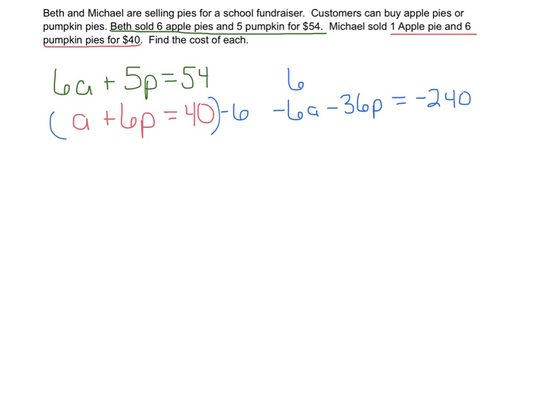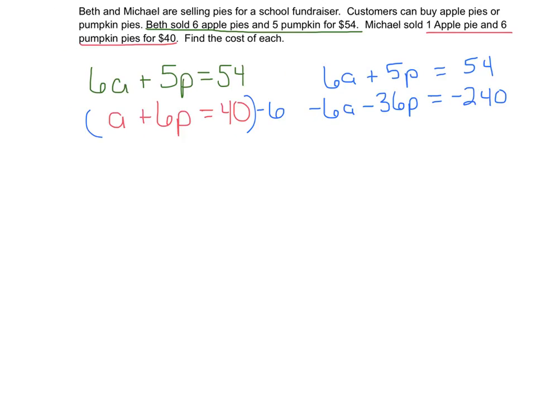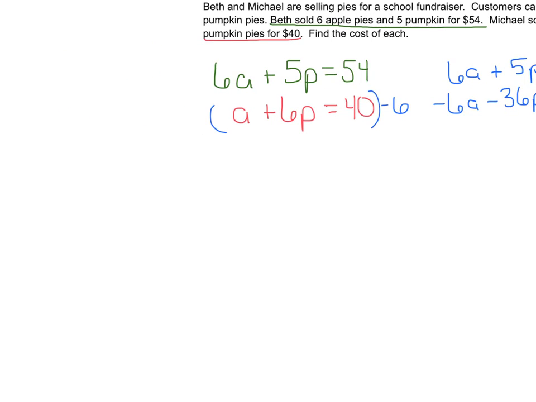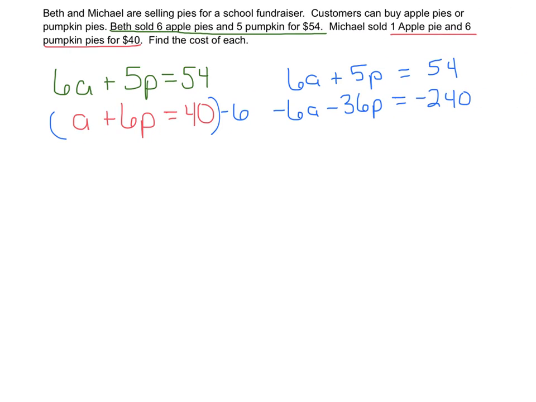Then we'll bring the top one over here, 6A plus 5P equals 54. Okay, so now we're ready to add them together. The 6A's cancel. You get negative 31P equals negative 186.